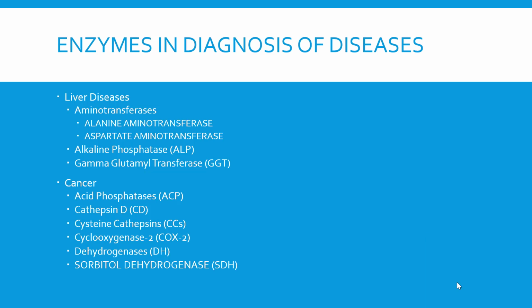For the diagnosis of diseases, numerous enzymes have been used as biosensors. Commonly assayed enzymes for the diagnosis of various diseases are alkaline phosphatase, creatine kinase, aminotransferases, including alanine aminotransferase and aspartate aminotransferase, dehydrogenases, sorbitol dehydrogenase and lactate dehydrogenase, cholinesterase, cyclooxygenase, tartrate-resistant acid phosphatase, and so on.